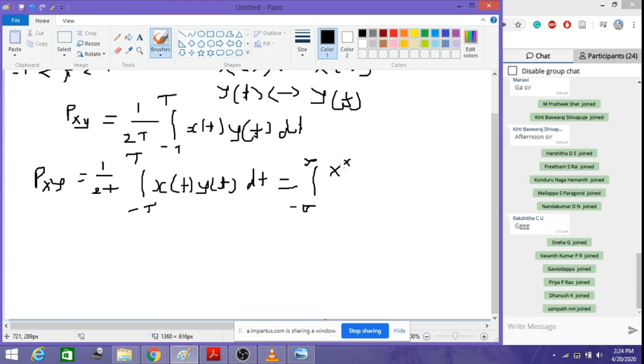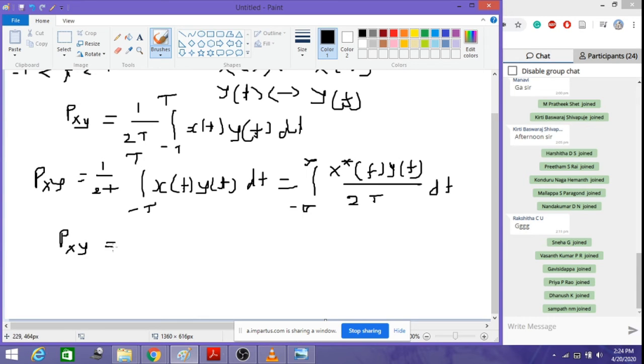Rather than taking the magnitude, I can write x conjugate of f into y of f, averaged by dividing by 2T, into df. So this is the equation.